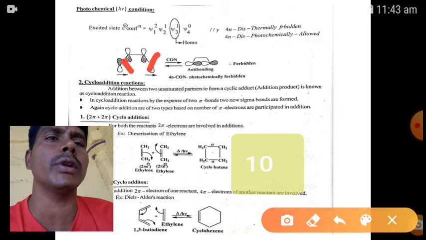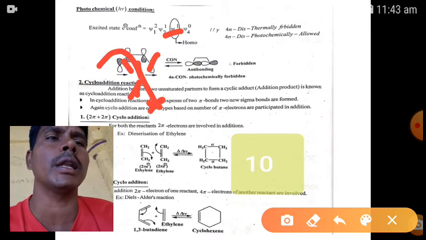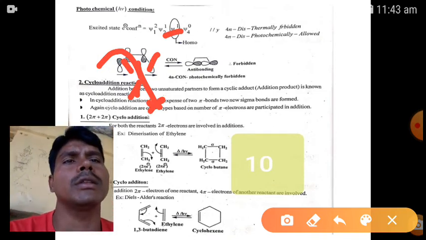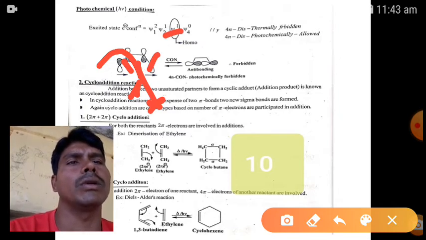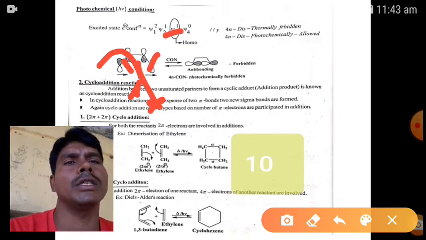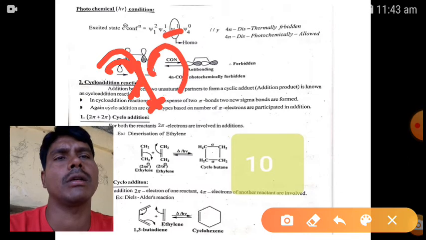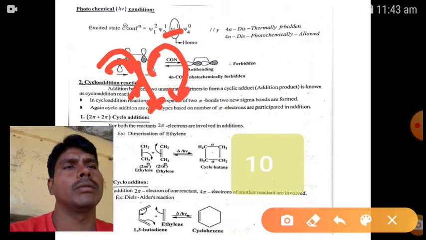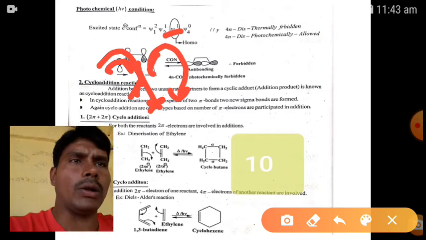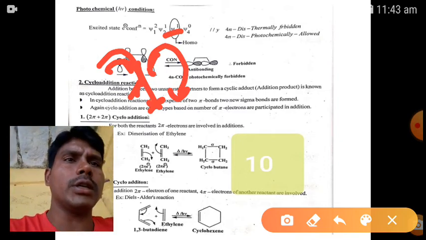If you disrotate, one clockwise and the other anti-clockwise, it is allowed. Conrotation, both clockwise, is photochemically not allowed.